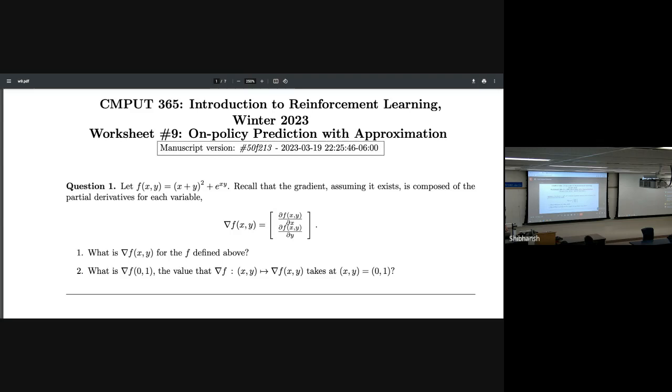So why do we want to use function approximation in reinforcement learning or machine learning in general? Yeah. Oh, that's a useful property to have if you're using function approximators. It doesn't quite answer why we want to use it.